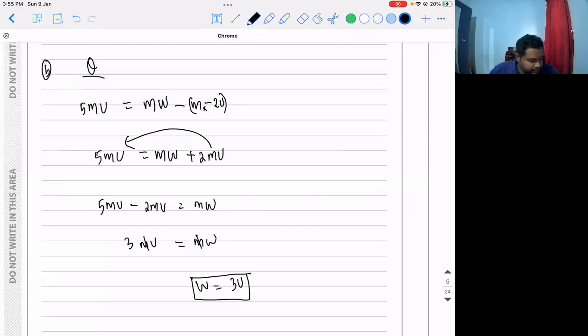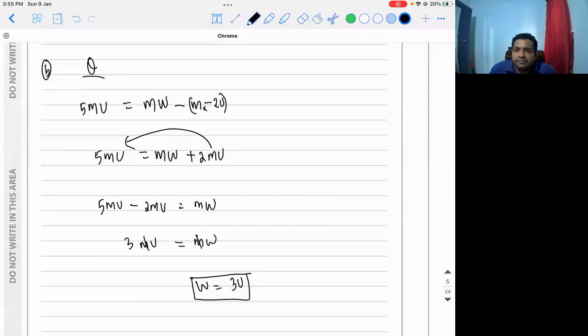So this is one of the methods. Otherwise, using the answer A, we can use another property, that is, according to principle of conservation of momentum, momentum before collision is actually equal to momentum after collision.